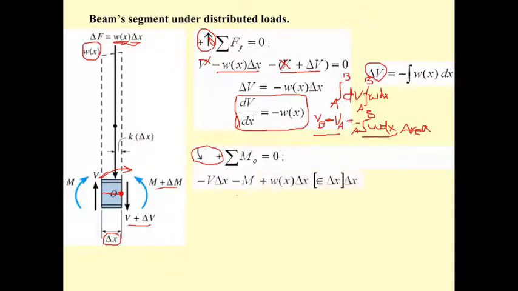It is going to be positive. And the moment due to this resultant force is also in the same direction as the M plus delta M. So this one is positive and this one is also positive.